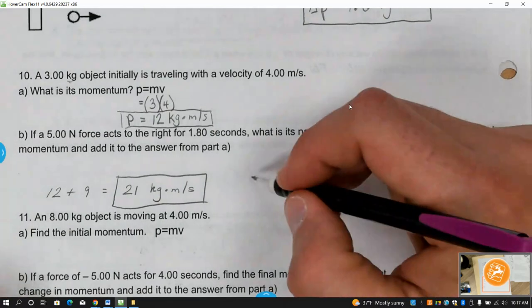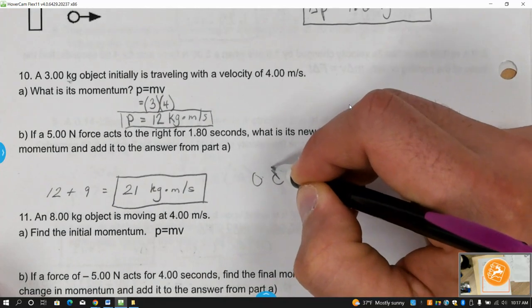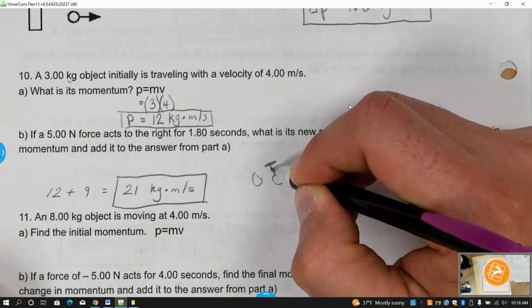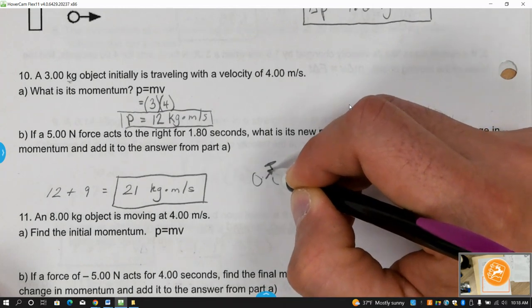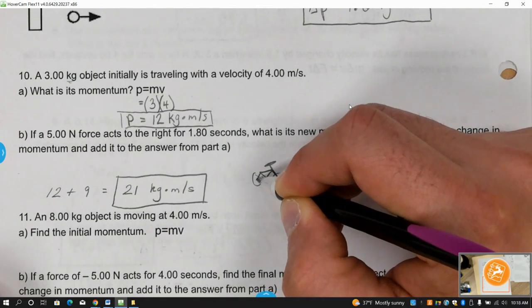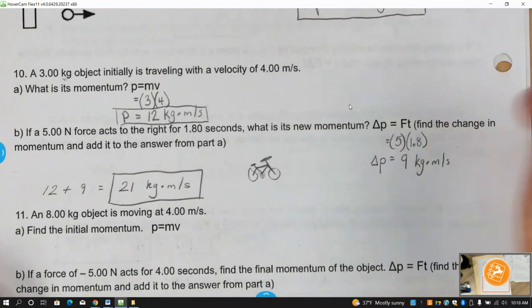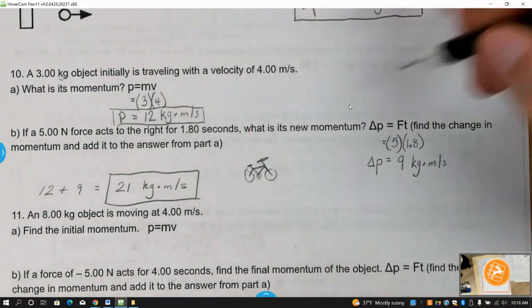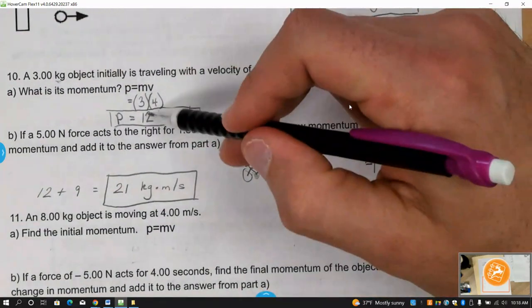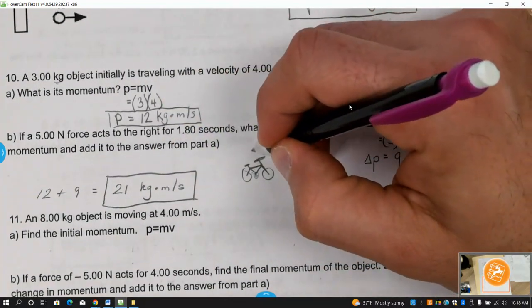Basically, imagine someone riding a little bicycle. I don't know how to draw a bicycle. This is like the handlebars, then there's the seat, and little pedals. Best I can do. We're assuming this is moving to the right because our velocity, or momentum, is positive.